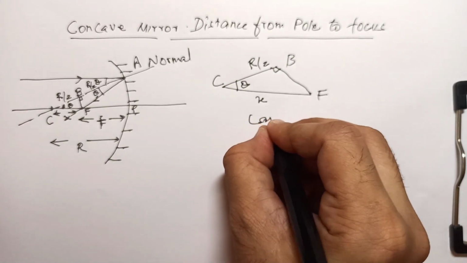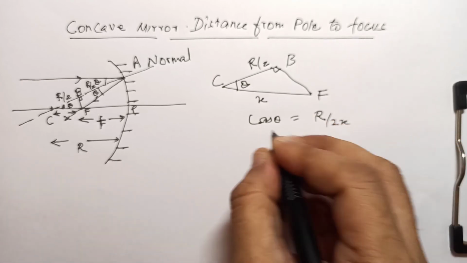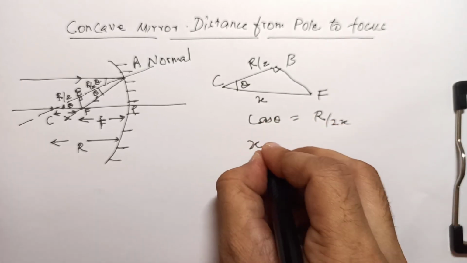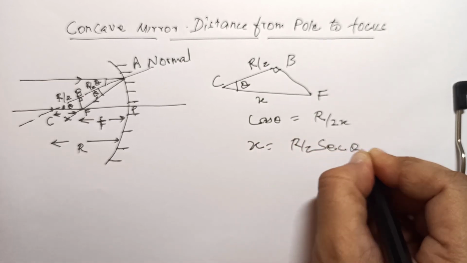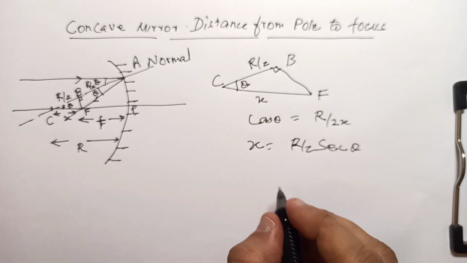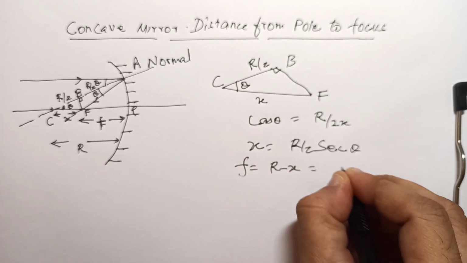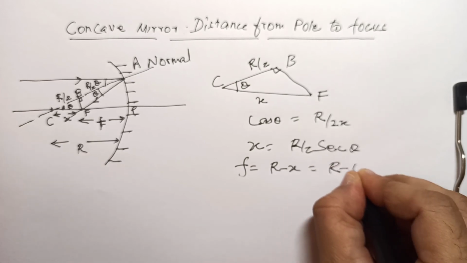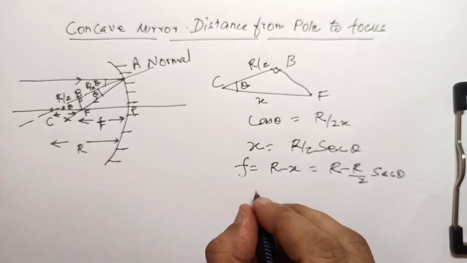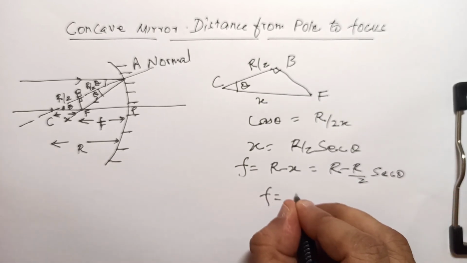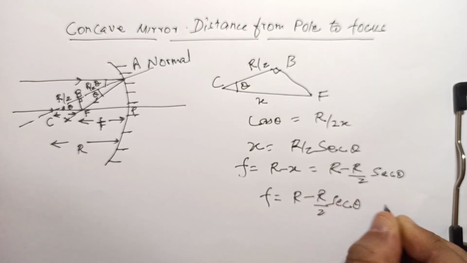Cos theta is equal to r by 2x, or x is equal to r by 2 sec theta. Further, f is nothing but r minus x, so f is equal to r minus r by 2 sec theta.